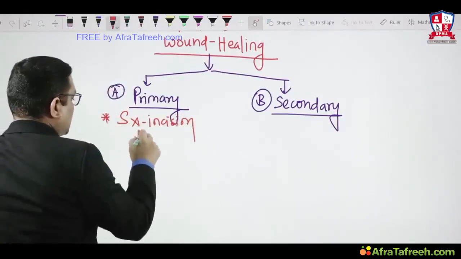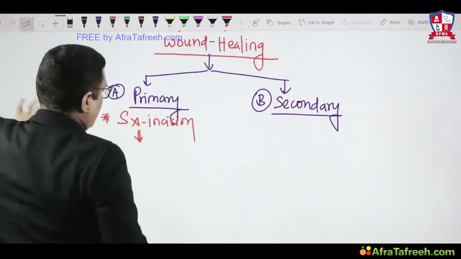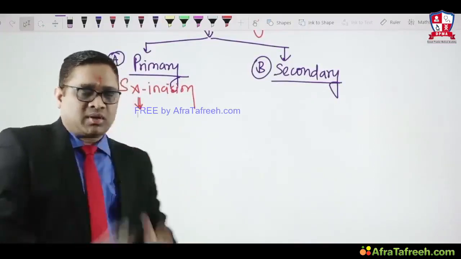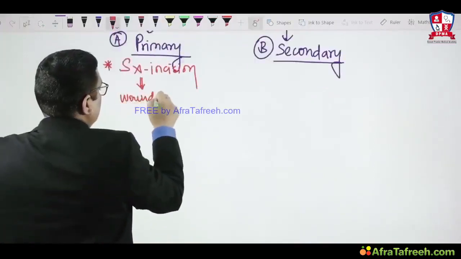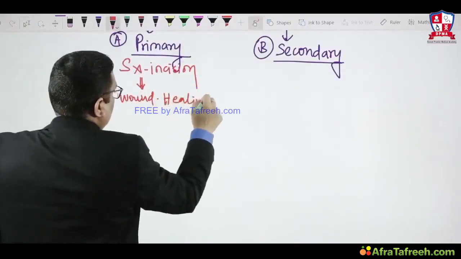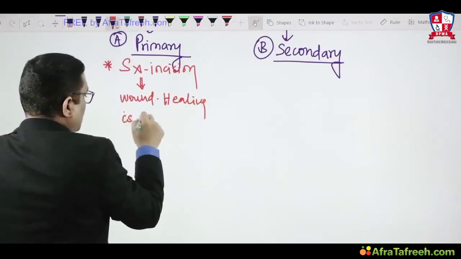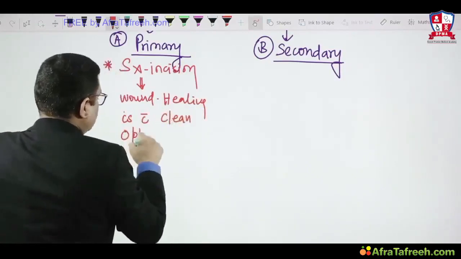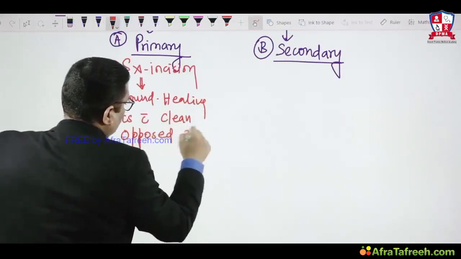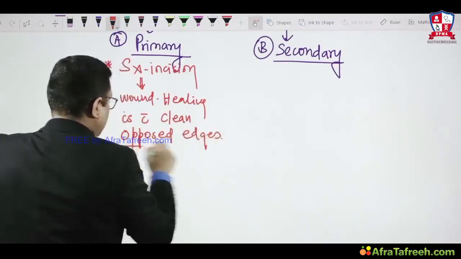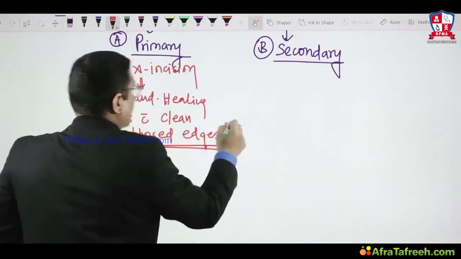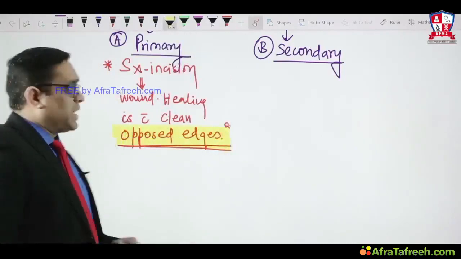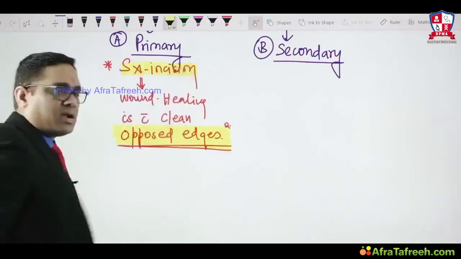When you see surgical incision healing, it heals with clean opposed edges, and there will be no gap. Opposed edges means there will be no gap. That is the catch point. So remember, wound healing with clean and opposed edges, as you see in surgical incision. These are important MCQs.